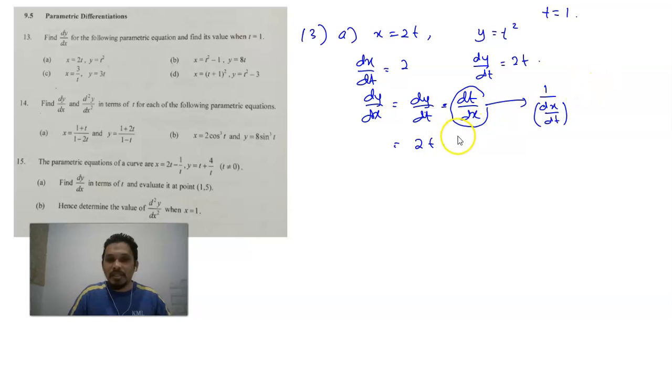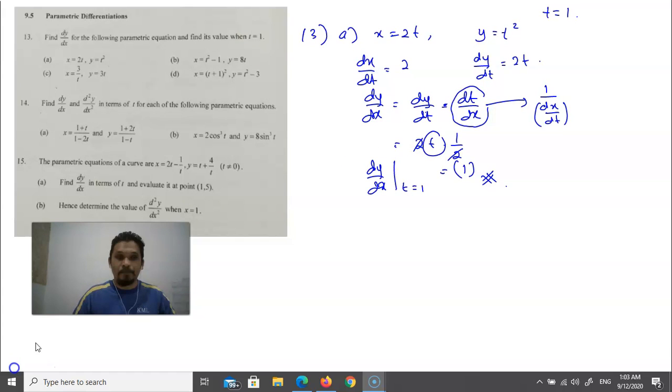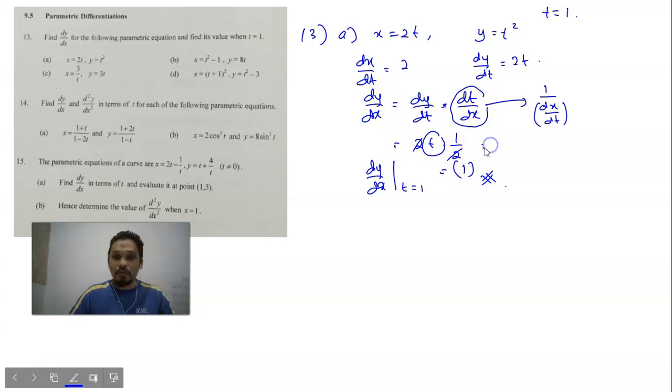So dt dx is 1 over 2. So when dy dx when t equal to 1, which is t here, so it is 1. Okay, question 13a. Okay, means that here for dy dx equal to t, and dy dx when t equal to 1, which is equal to 1 here.